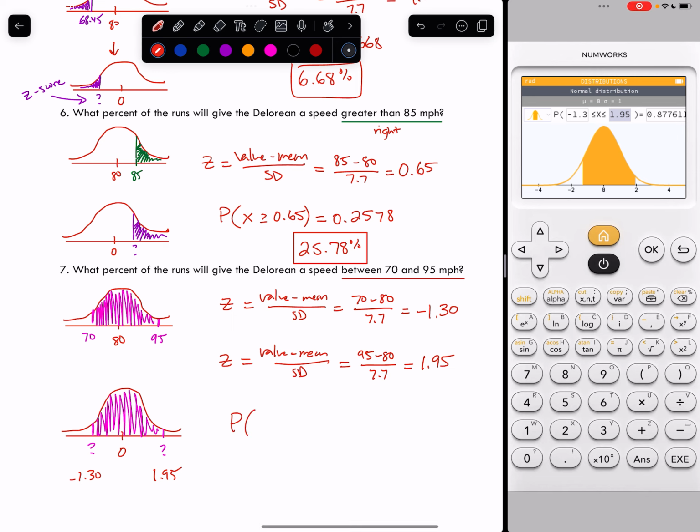So the probability of negative 1.3 being less than or equal to x, less than or equal to 1.95. And again, I'm just writing that statement that's in the calculator there, the capital P parentheses, and then our 2 numbers with x sandwiched between them, equals 0.8776 or 87.76%.